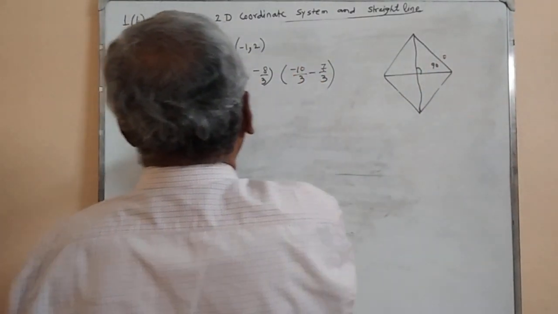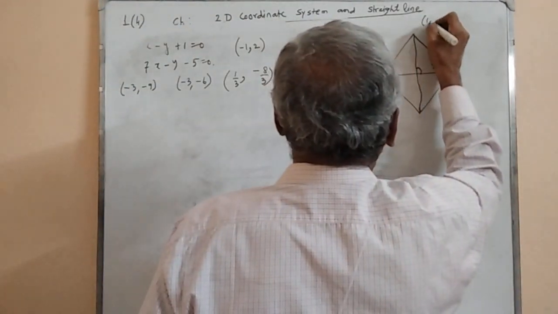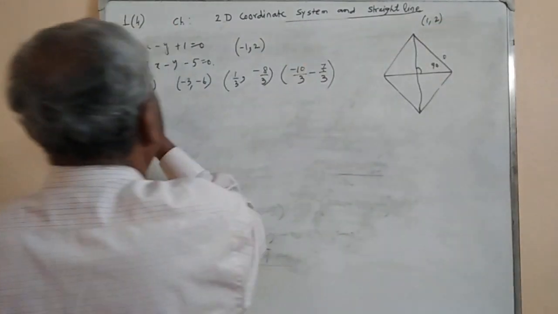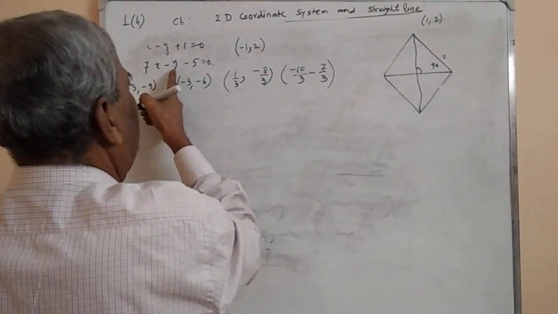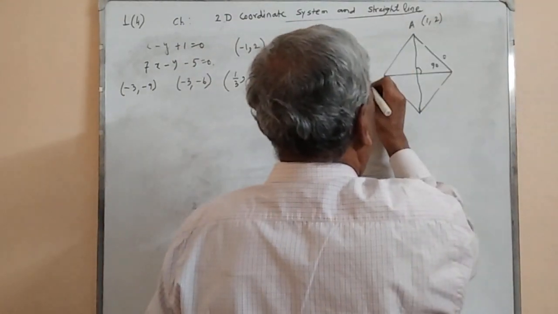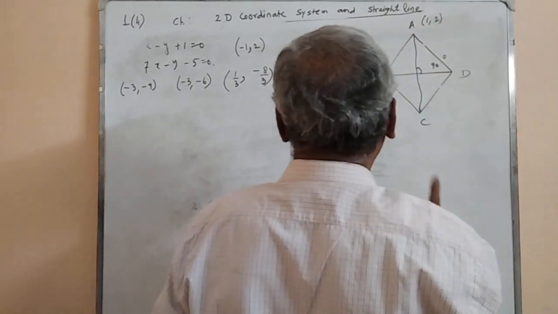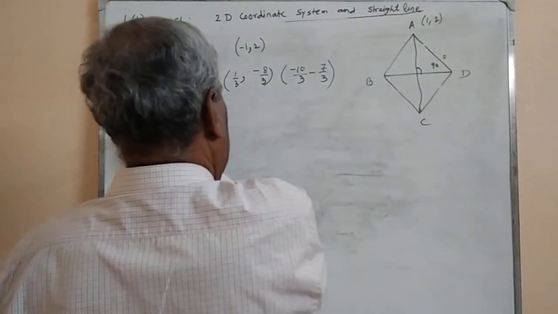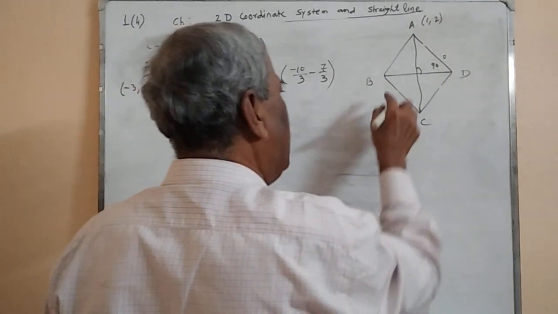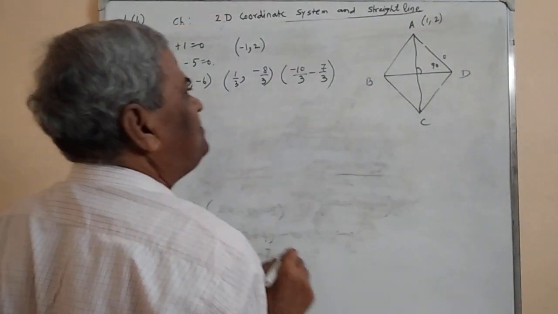Solving this and that, we get x is 1, I think it is (1, 2). Say the vertices are A, B, C, D. This vertex is (1, 2). We have to find out which of these four points is a vertex of this rhombus.